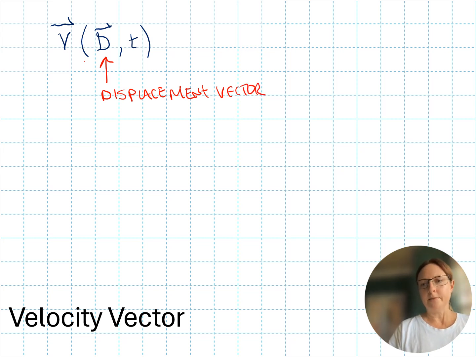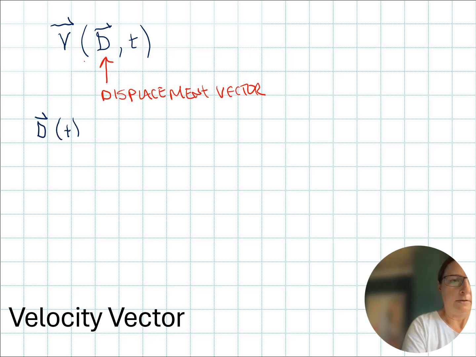So this displacement vector itself, this is a change in spatial position with respect to time. And so I can define my displacement vector as a function of time like this.